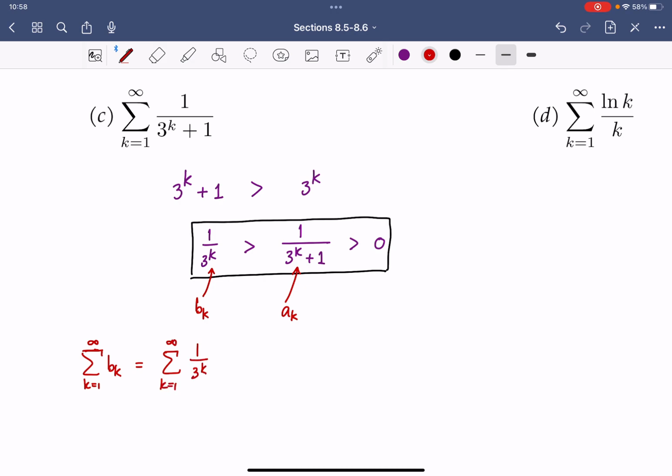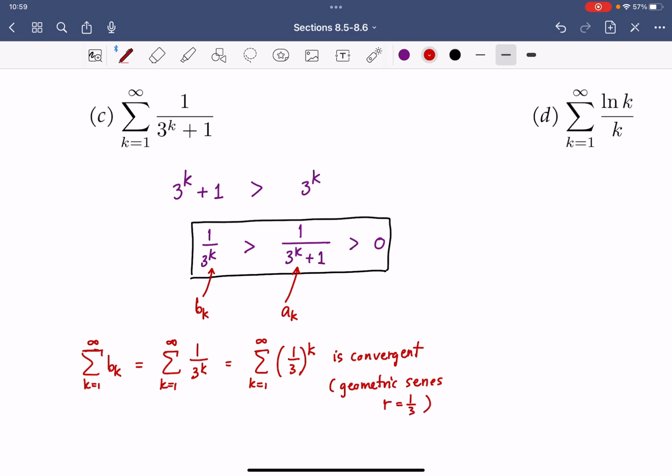Convergent or divergent, this one? The summation of 1 over 3 to the k, k from 1 to infinity. It is convergent, because this is a geometric series with r equal to 1/3.